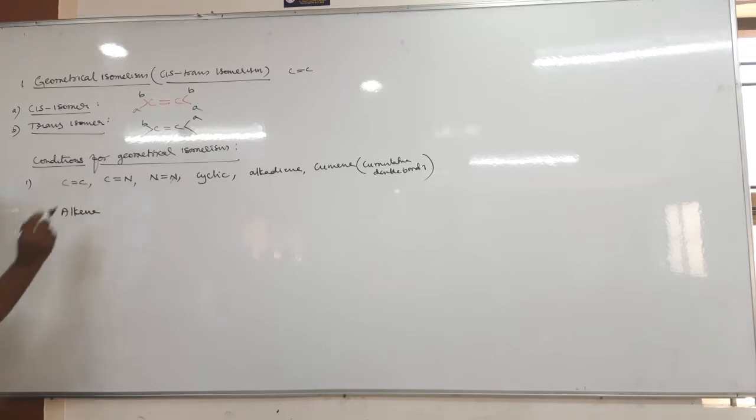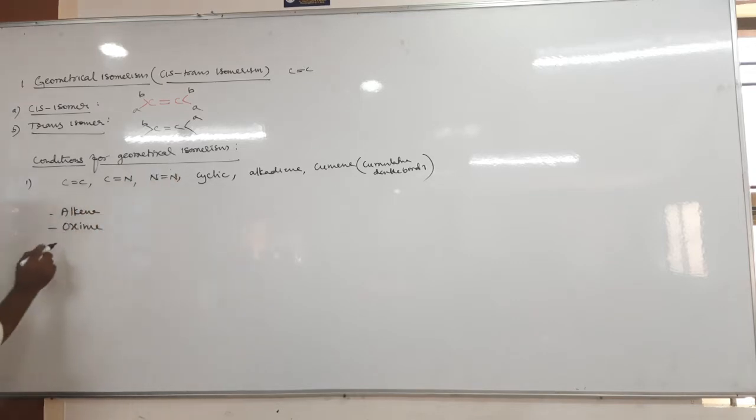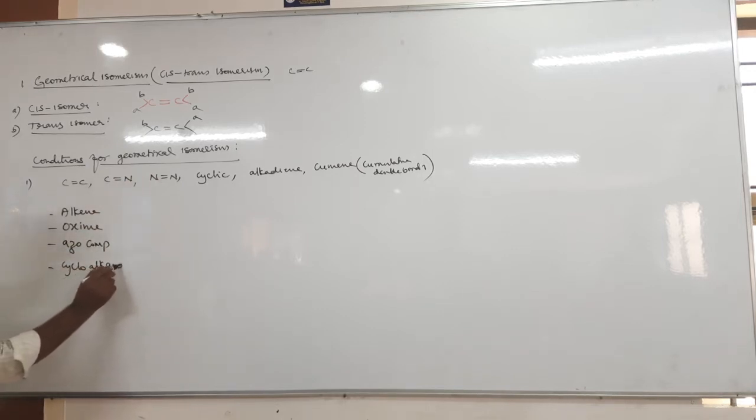Second, C double bond N, which is present in oximes, aldoximes and ketoximes, so oximes can exhibit it. Then N double bond N, in azo and diazo compounds. Next, cyclic compounds, cycloalkanes. Next, alkadienes, alkenes having two double bonds.